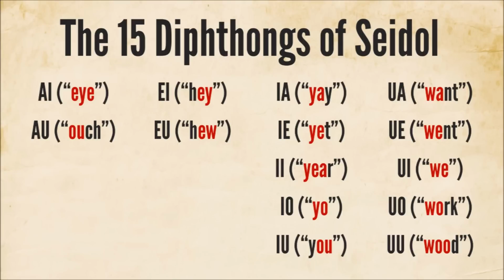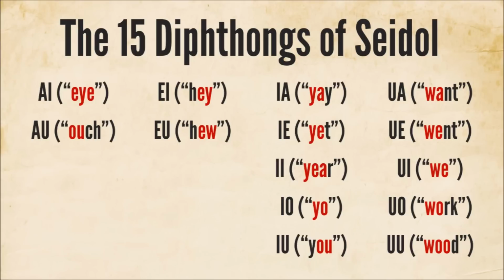Next we have ya, ye, like in the word yet, yi, like in the word year, yo, like in yo. Maybe you might say that to one of your friends, I don't know. And then we have yu, just like in the English word you. Then we have oi, like the oi part of the English word boy.